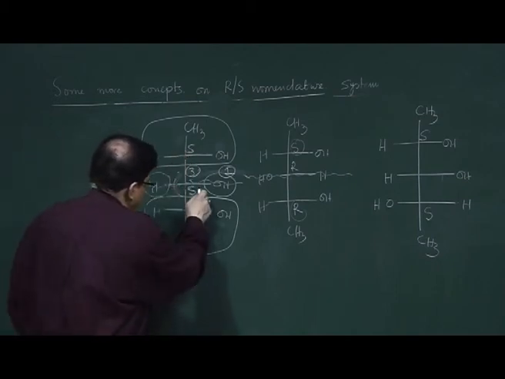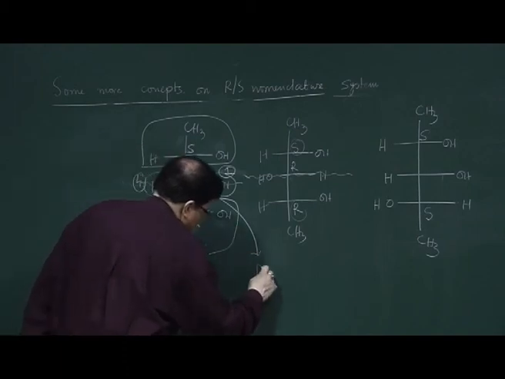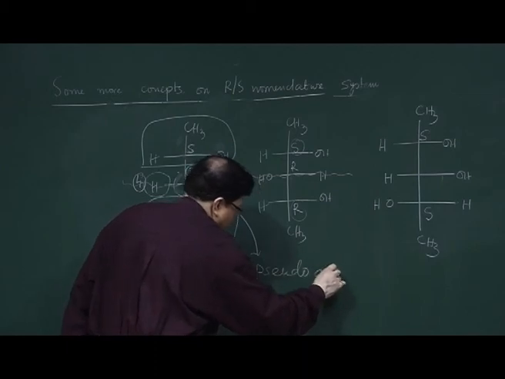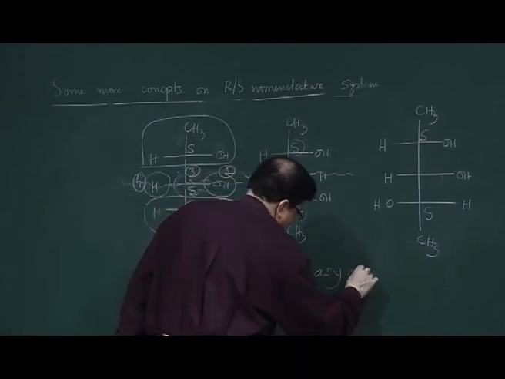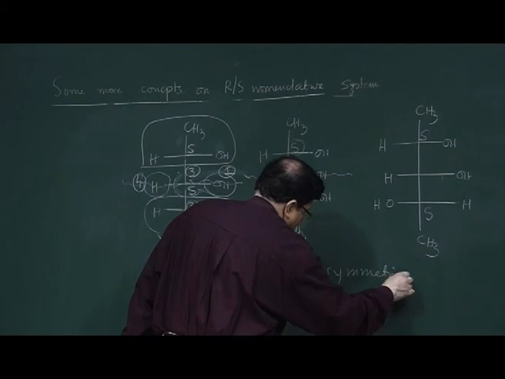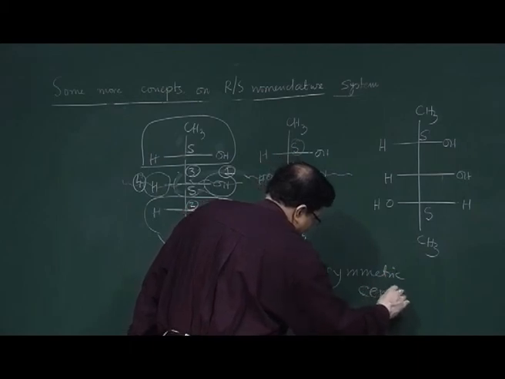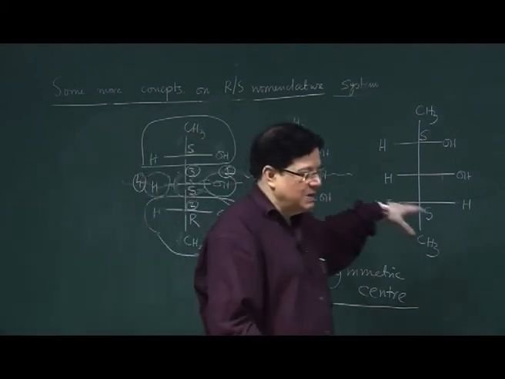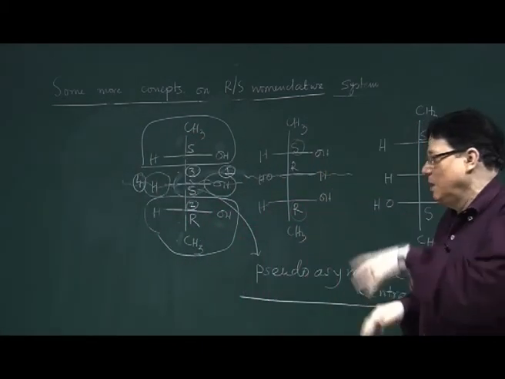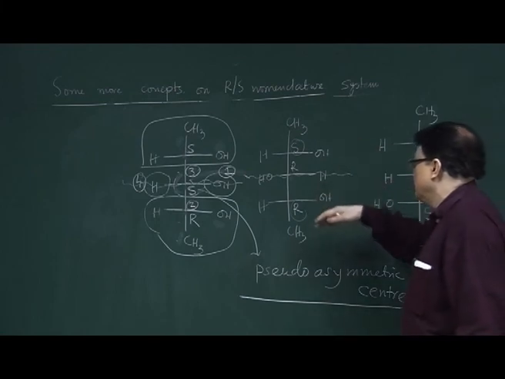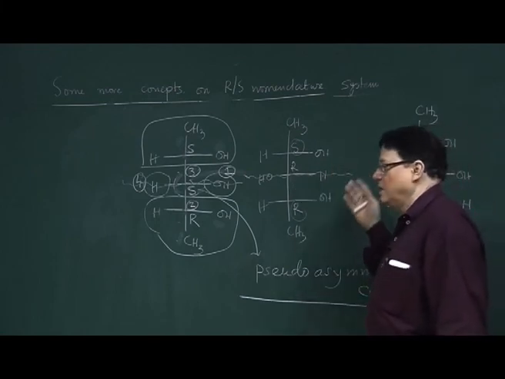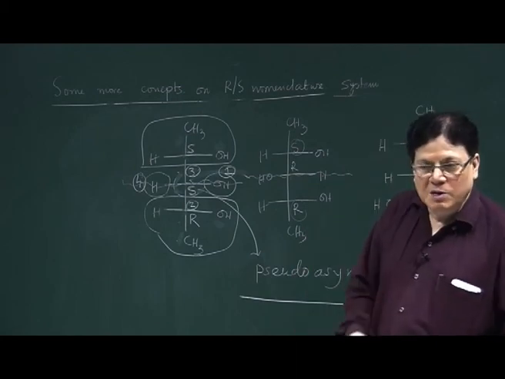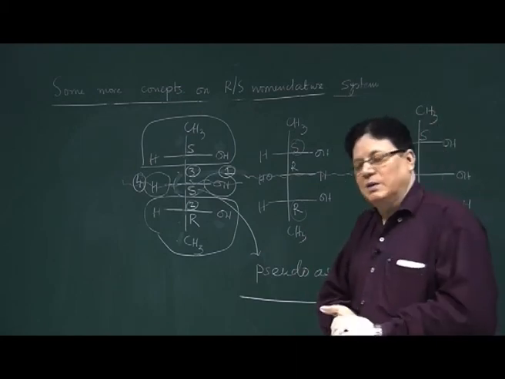So, this is classically named as a pseudo asymmetric center. Okay. So, this was the concept. You see the same carbon in different environments can behave as a chiral center and may not be a chiral center. That is why the name is a pseudo chiral center. So, sometimes chiral, sometimes not.